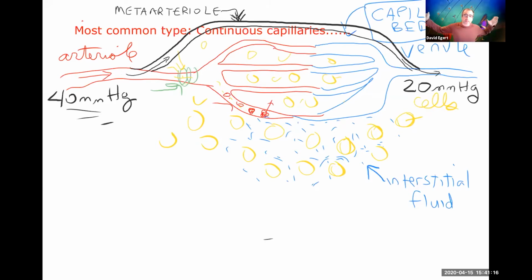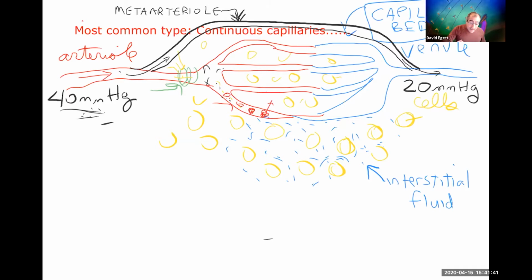So here's our setup. The fact is, though, there's quite a bit of this kind of hydrostatic pressure. It says low, but it's still pressure. So we've got this pressure, and we know that capillaries, even continuous capillaries, are leaky. They have to be leaky to some degree, or else stuff can't enter and leave the bloodstream.